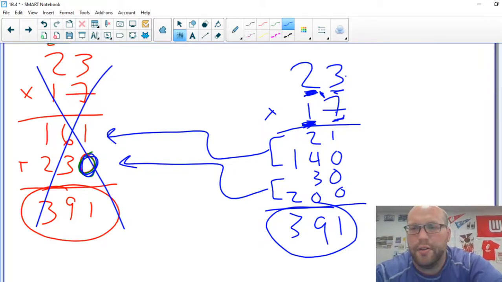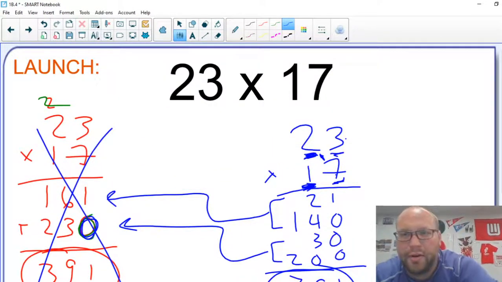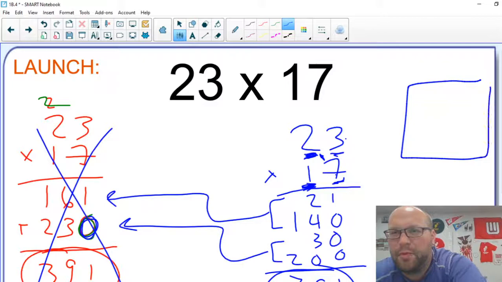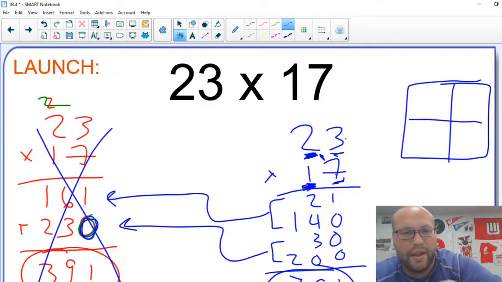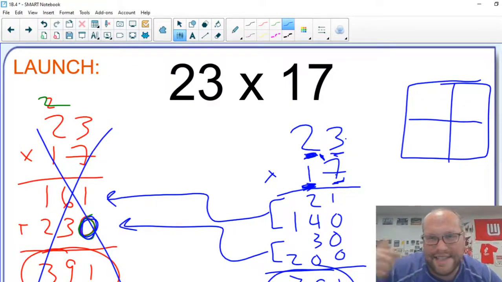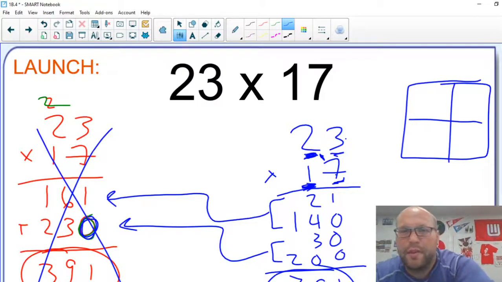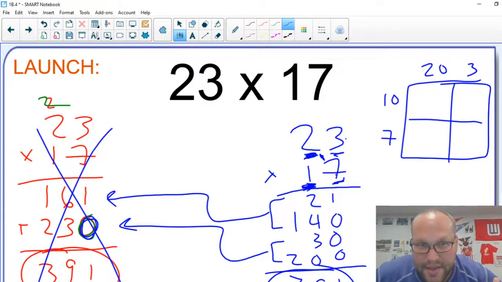And this is yet a third way to multiply. Many people, when they're learning this, don't like it, but today we're really going to see the value of learning this style. So we're going to represent 23 as 20 plus 3, and we're going to represent 17 as 10 plus 7. It's the same exact computation, we're just organizing it in a slightly different way.